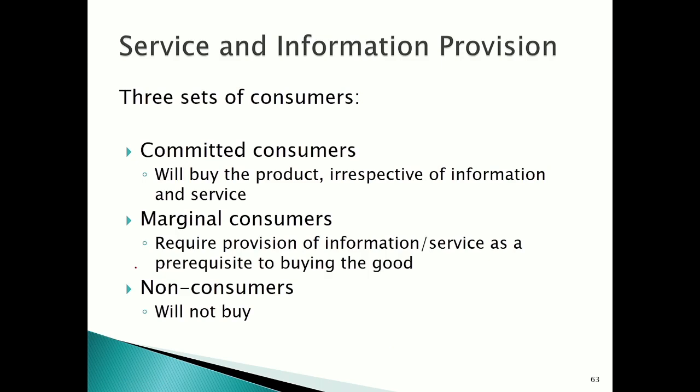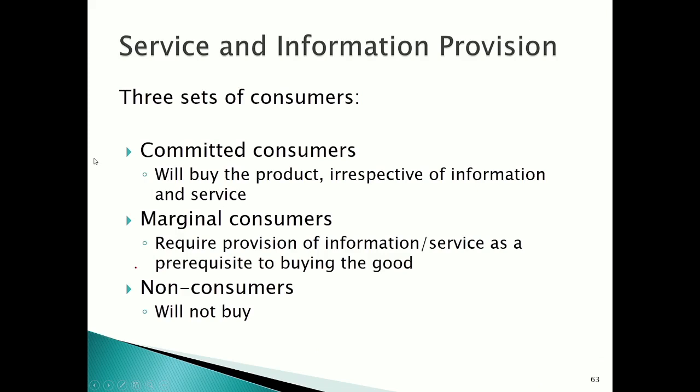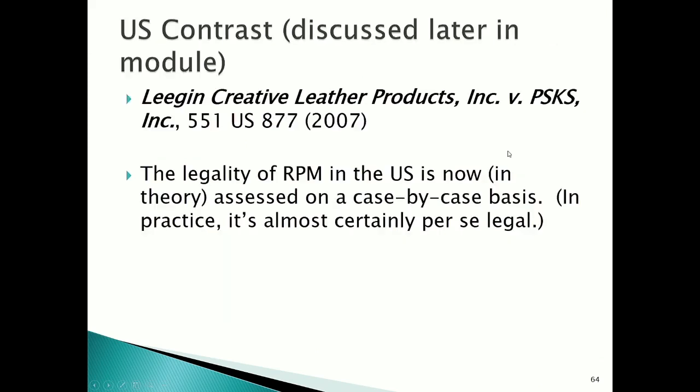They buy it, they don't use the service. The marginal customers are on the fence, thinking about it. They go in and use the service. They may buy, they likely buy, and they get the service. But part of who's paying for this is the committed customers. So, in effect, the efficiencies do not necessarily flow to those who pay for the services. So you can look at that as a problem with free riding and RPM.